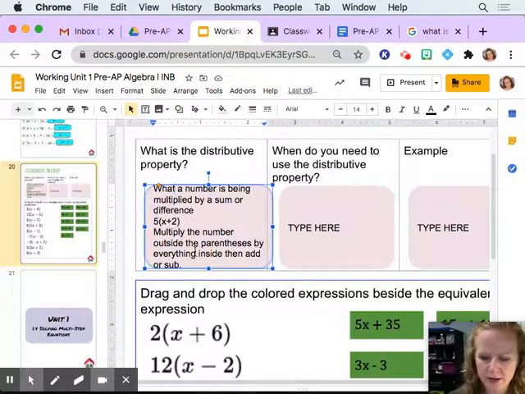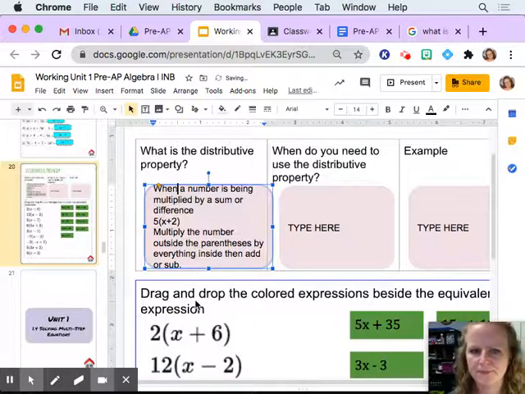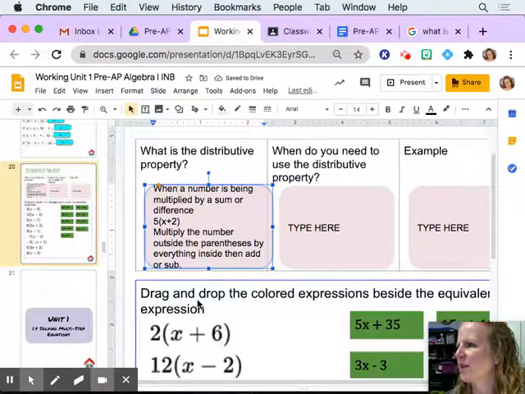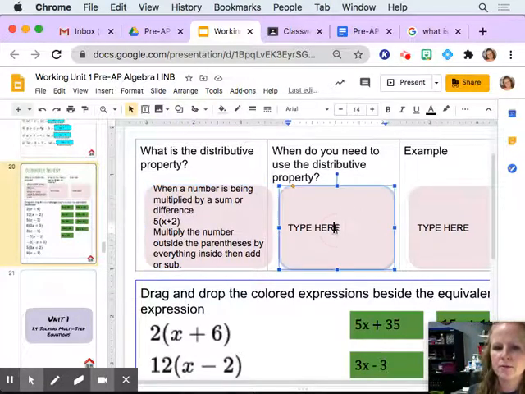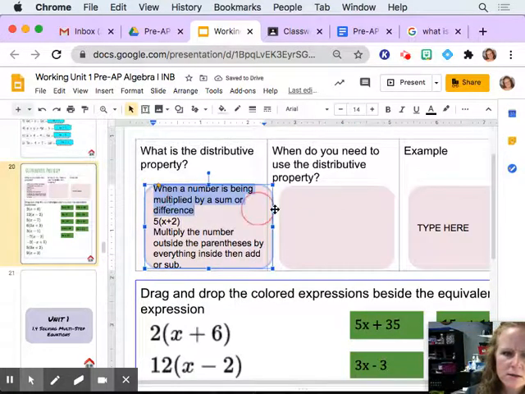That shouldn't say what a number, it should be when, right? What a number, whatever. And it says, when do you need to use the distributive property? Ooh, should I just have written this? I'm going to drag it.